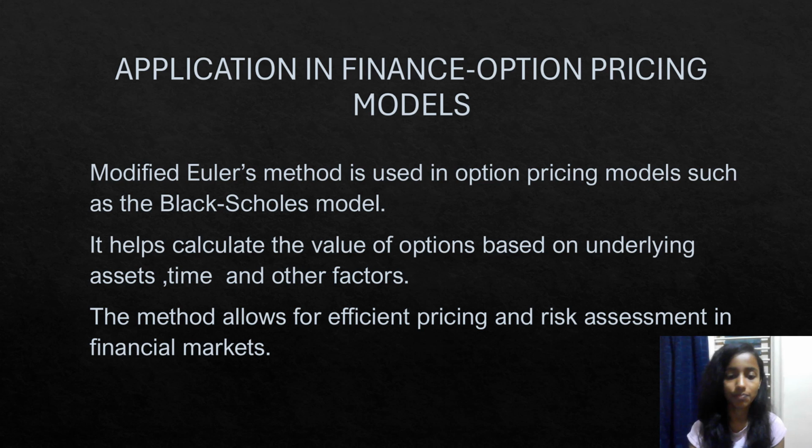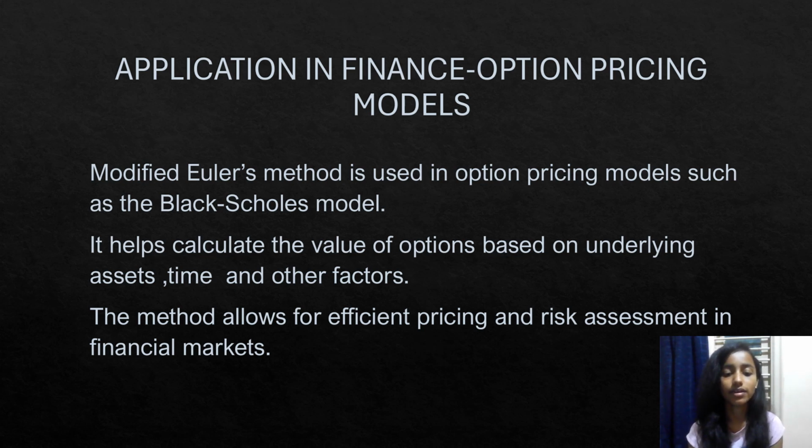Improved accuracy. Modified Euler's method provides a more accurate approximation of the solution compared to the basic Euler's method. Flexibility. This method allows for adjusting step sizes, enabling researchers to strike a balance between accuracy and computational efficiency.